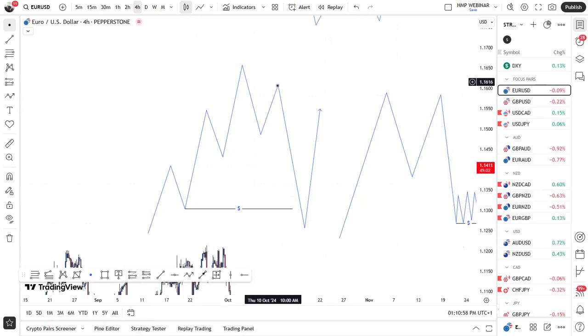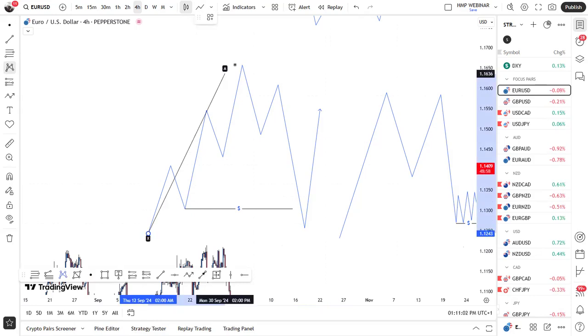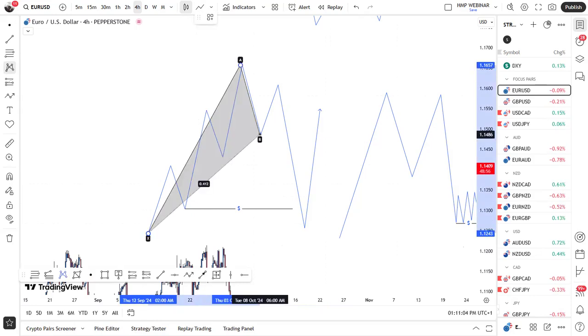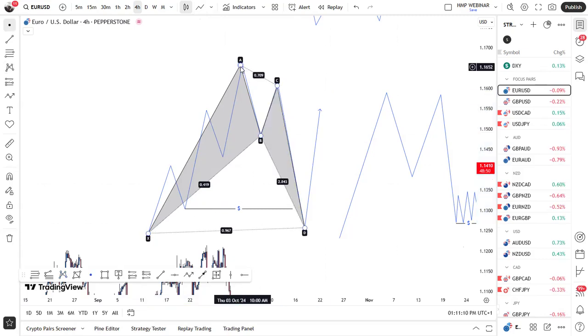Let's take, for instance, this is a valid BAT pattern. I can take a BAT from this level, and can also consider it to be a shark. Now we have this here as a valid pattern.